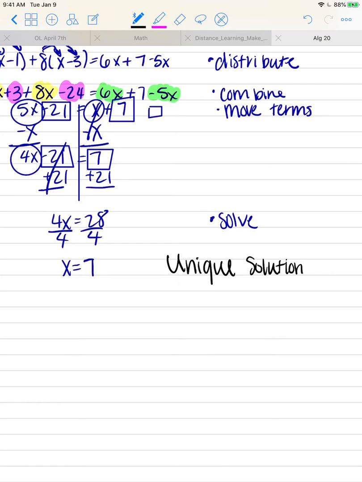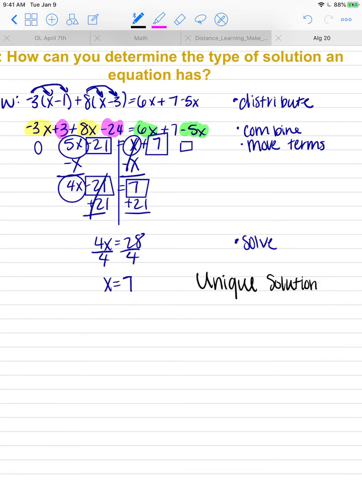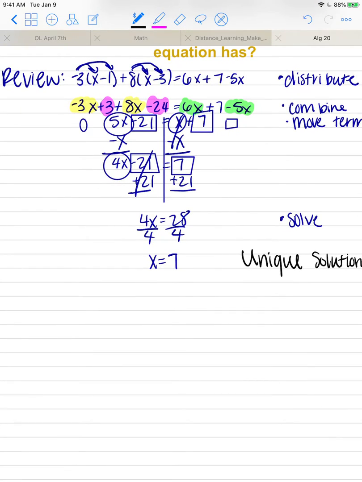This is one of our types of solutions. And what that means is there's one specific number that makes the statement true. So when we plug 7 back into the problem, after all of the math, both sides of the equal sign would be the same. But that is not the case all the time. So let's talk about those.